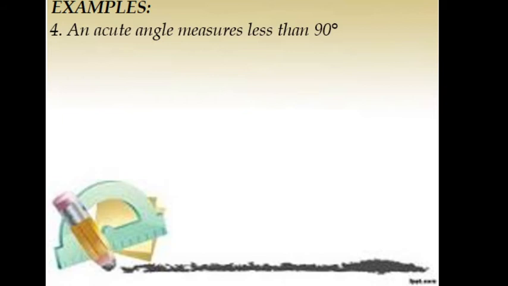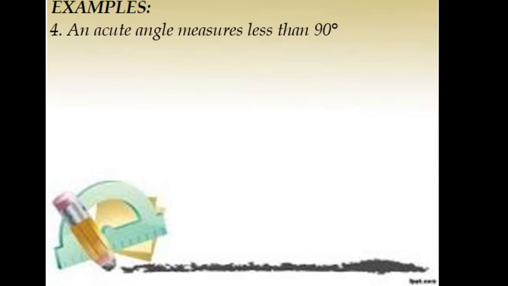Okay, so next example, we have: an acute angle measures less than 90 degrees. So, dito kung mapapansin nyo, wala siyang word na and. So, hindi natin agad makikita kung saan natin hahatiin ang ating statement. So, sabi dyan, an acute angle measures less than 90 degrees.